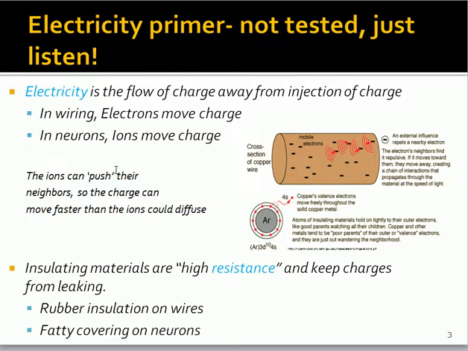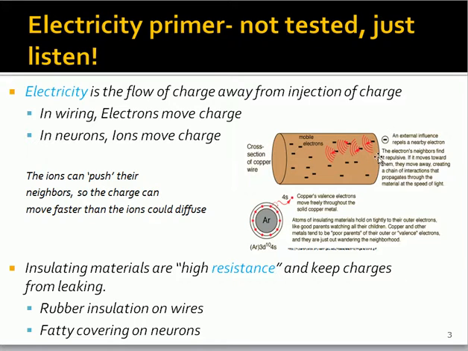So why do we need insulation, and what does insulation do? Well, insulation is high resistance. So electrons and ions don't move through it very well. If we cover this with insulation, I'm going to show you what's going to happen.